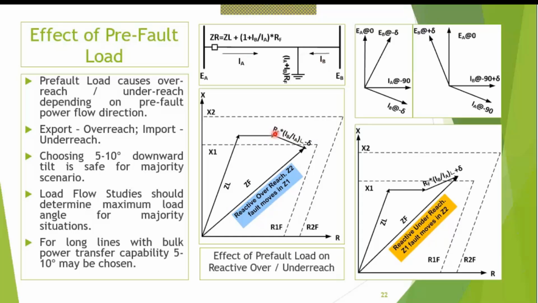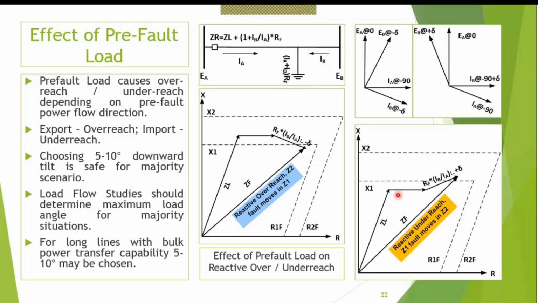This fault point comes downwards, and for these borderline faults it will encroach into your zone 1. That is called transient overreach or reactive overreach, as if the fault resistance is having a reactive component. So it might go this way.